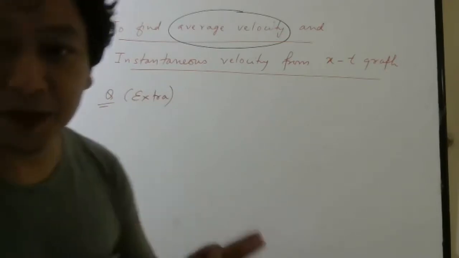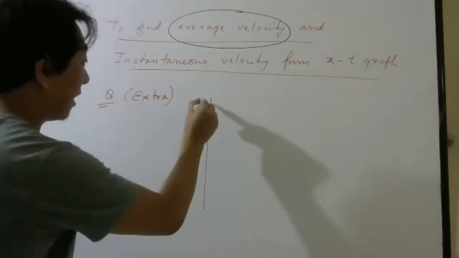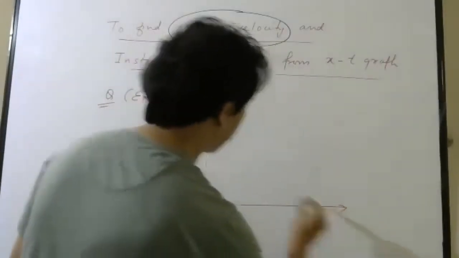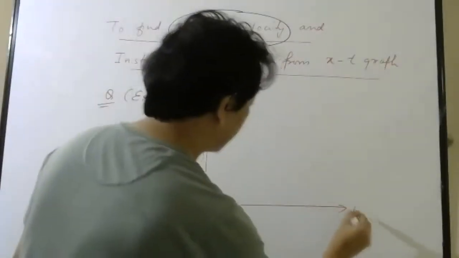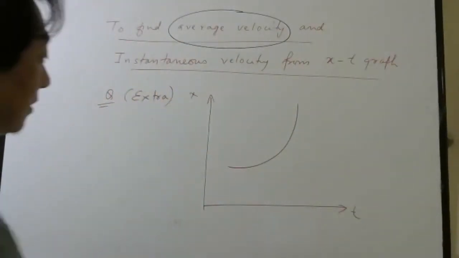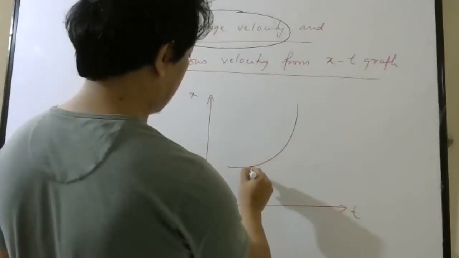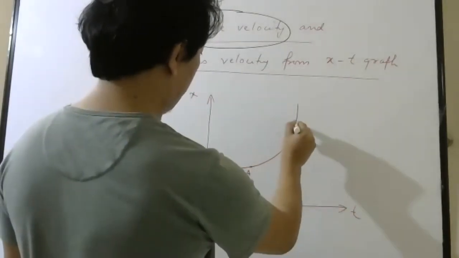Extra means not in the material from Pankaj sir's side. So suppose the graph is something like this. And I take 2 points like this.